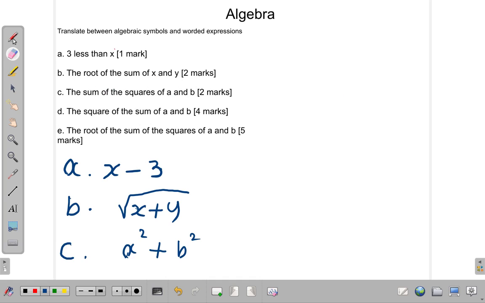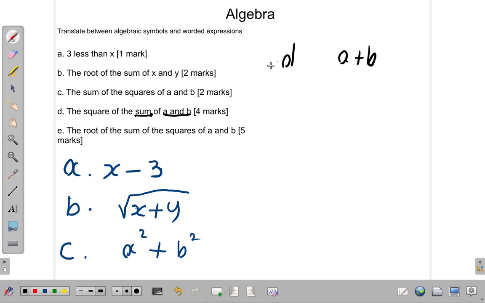Let's look at D for 4 marks. For D, the square of the sum of A and B. Alright, the sum of A and B. A plus B is the sum of A and B. The sum means you add A and B. It is A plus B. The square of that.